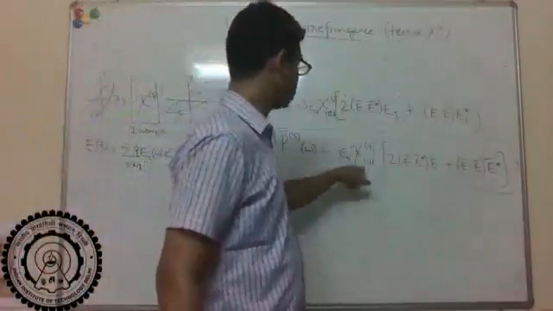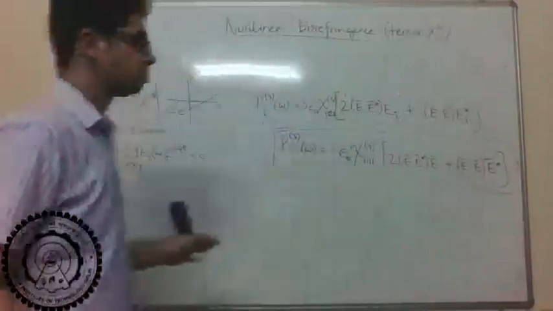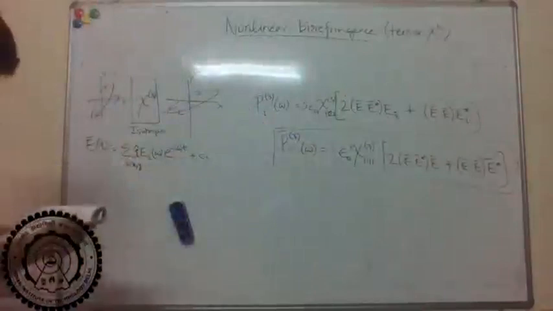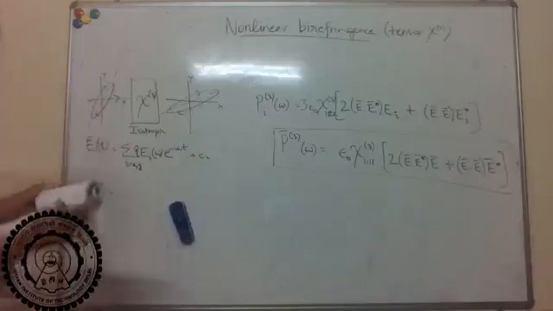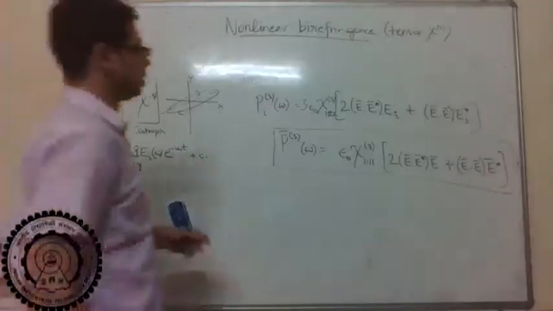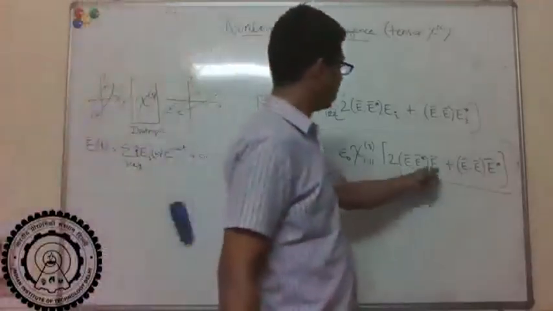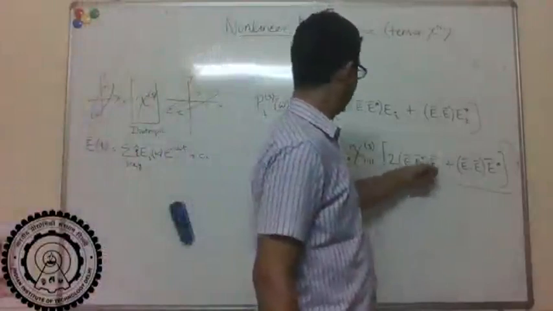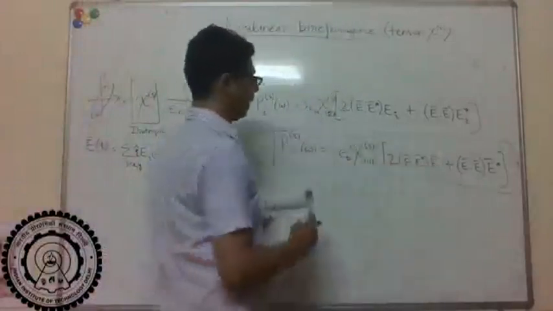So I just replace 3 times chi 1122 with chi 11. Okay, so you can see that you have one term which sort of goes as E, right?